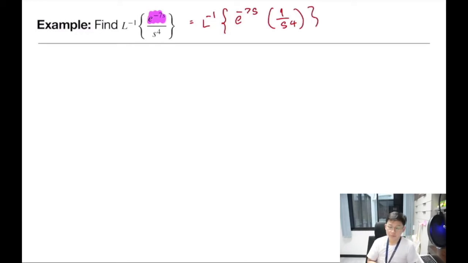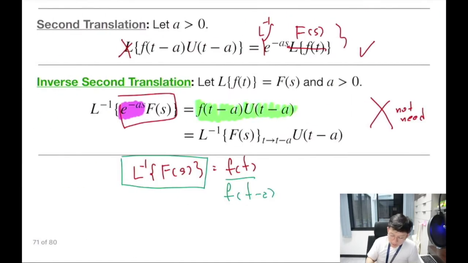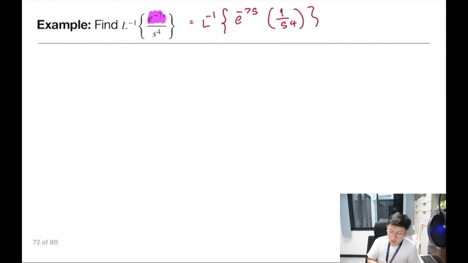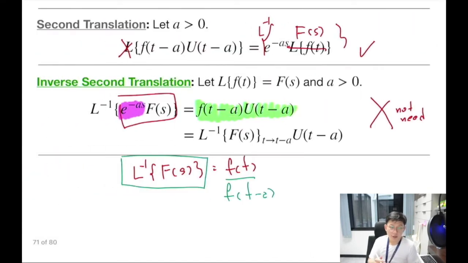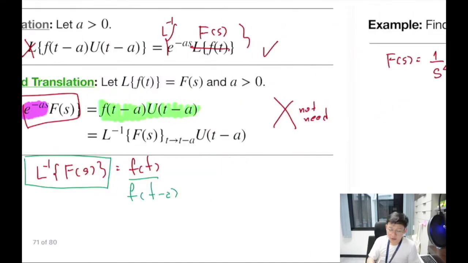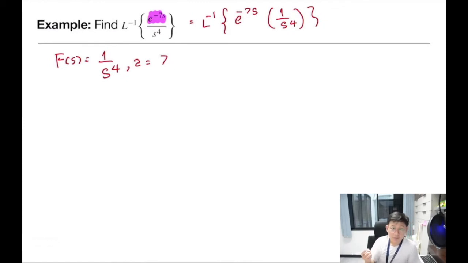In that case, the big F(s) would be 1 over s to the 4, and a is actually 7. Just compare: e to the minus as, e to the minus 7s, which means that 7 here is a.